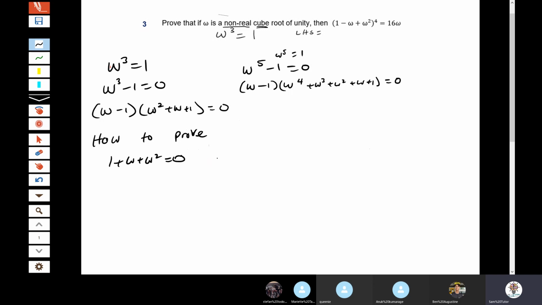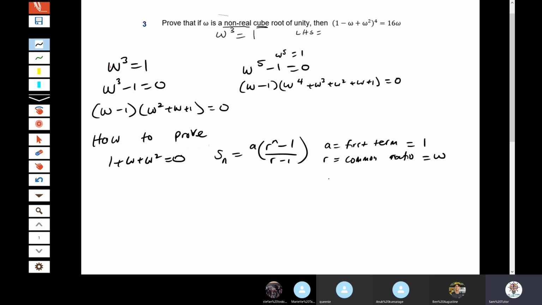The formula is S of n equals a(r^n minus 1) over r minus 1. a is the first term. r is your common ratio. So what's your common ratio? What's it going up by, or what's it multiplying up by? W, or omega.